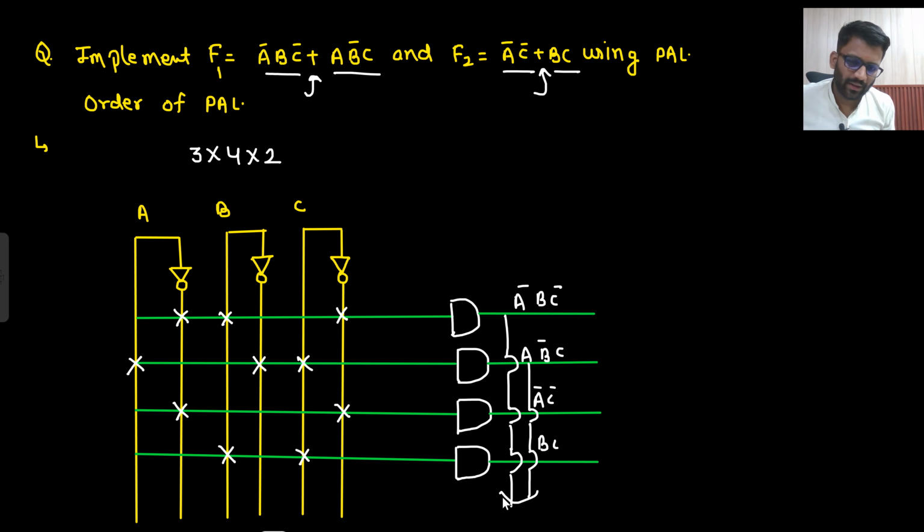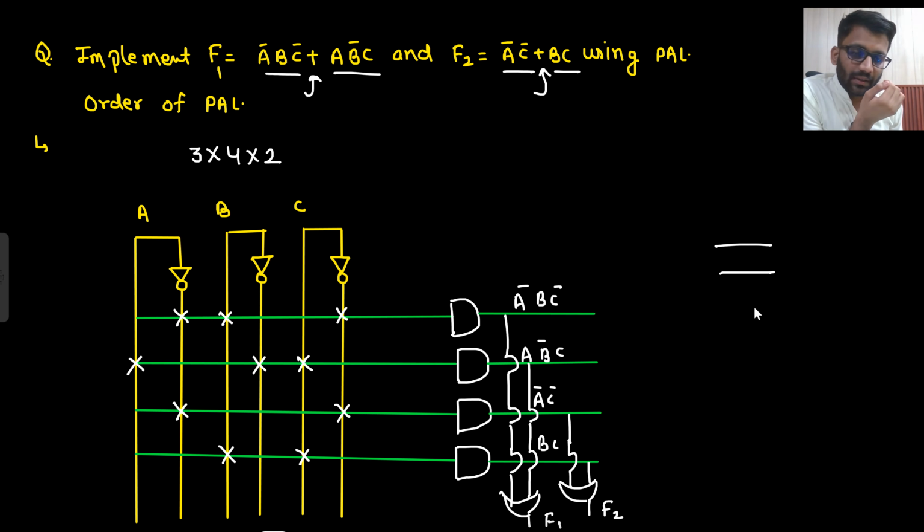I will make an OR gate here, which will give me the F1 function, and I will make another OR gate here, which will give me the F2 function. There is one more thing. What is that? Look at the output logic.